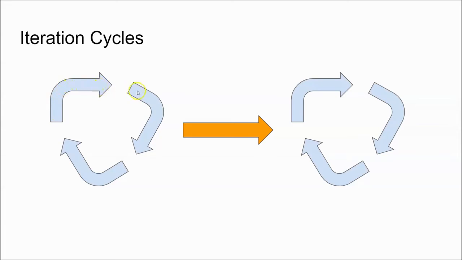The next step that we typically do, this next arrow, is we reflect on it. We reflect on what went well, what didn't go well. Did that thing that we tried work? Did it achieve the results that we were hoping for? And then that moves on to the third arrow, where we make adjustments.